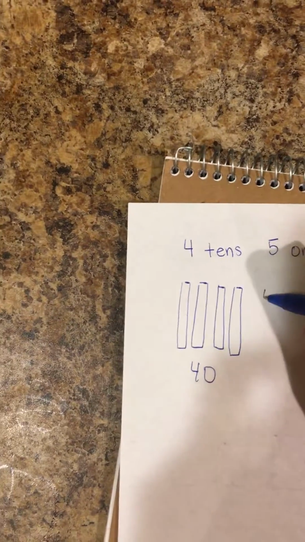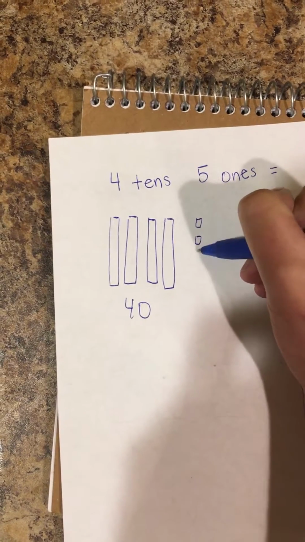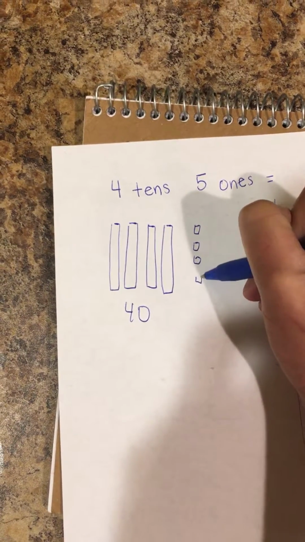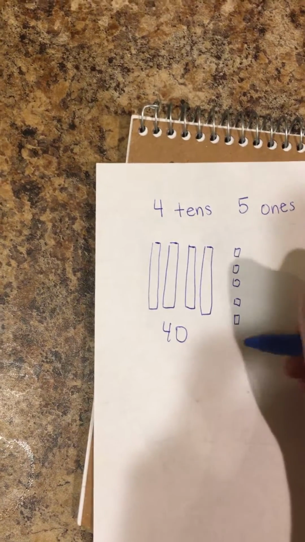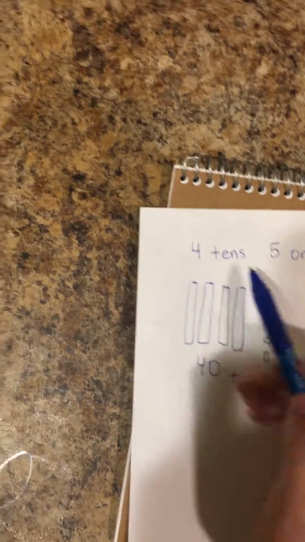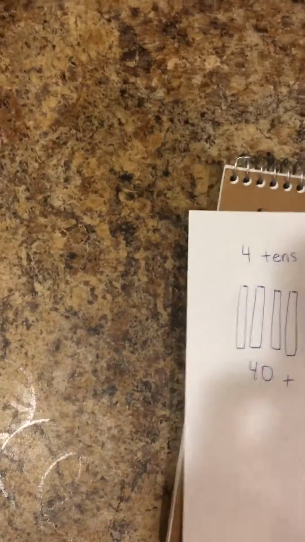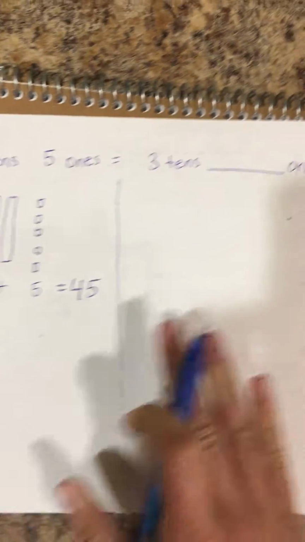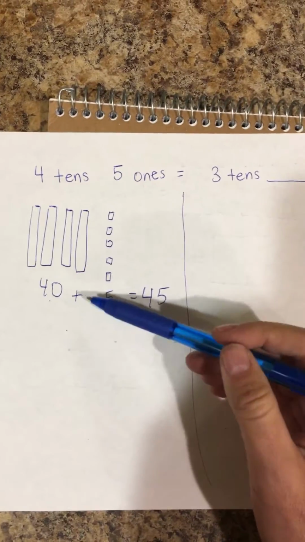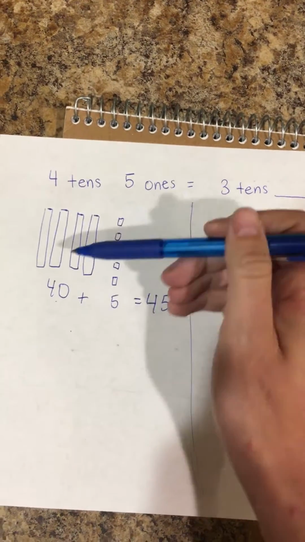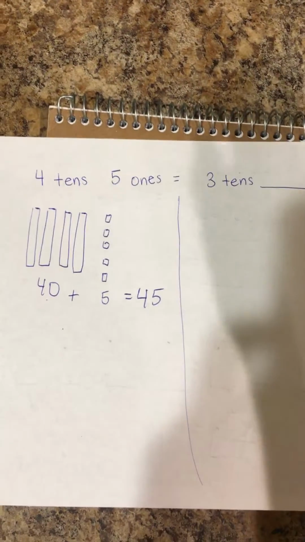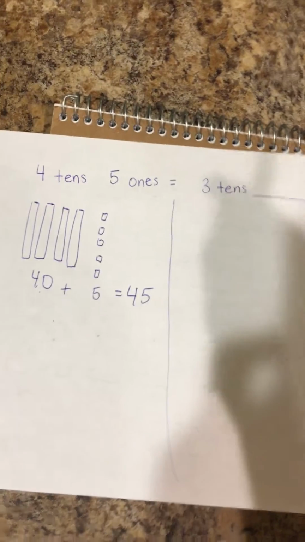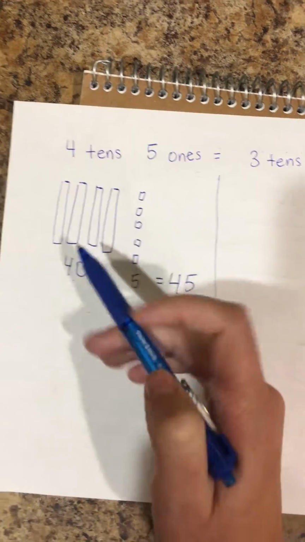And then 5 more, 41, 42, 43, 44, 45. So 40 plus 5 more, that equals 45. So then what they're wanting you to do is expand this out. I know it seems silly, but it helps to develop number sense as a lead up to double digit addition.